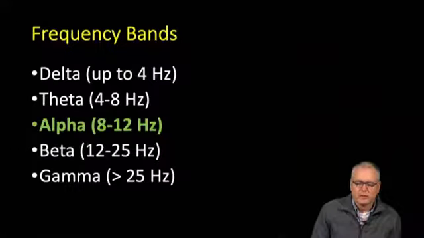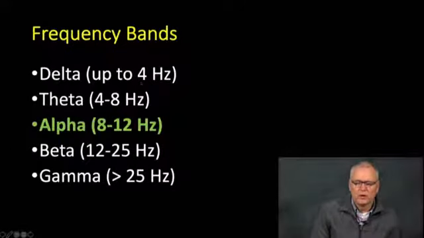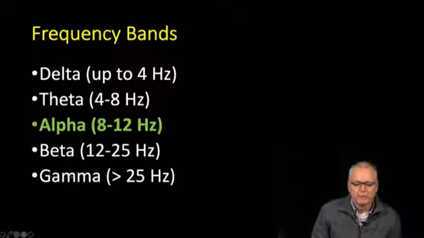To summarize, here are the frequencies for these various bands. I've got alpha highlighted here because we're going to spend some time talking about alpha. It turns out this might be really important.